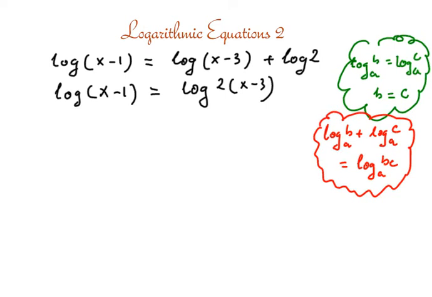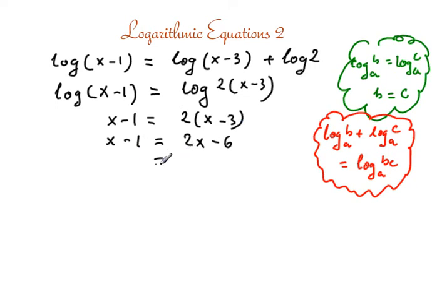At this point, we will drop the logarithm on both sides and create the following equation: x minus 1 is equal to 2 times x minus 3. Let us solve this equation for x. Distributive law, so 2x minus 6: you multiply 2 times x, 2 times negative 3.